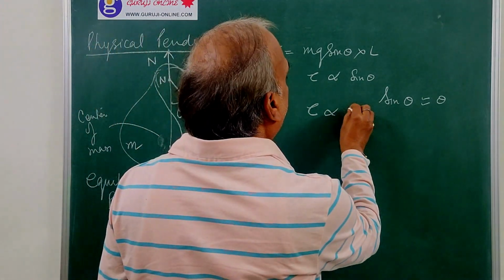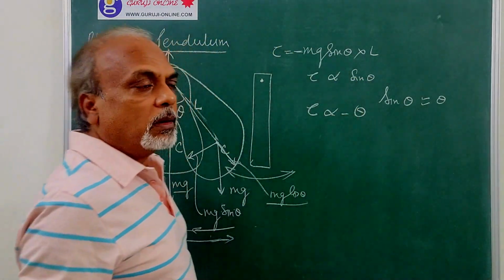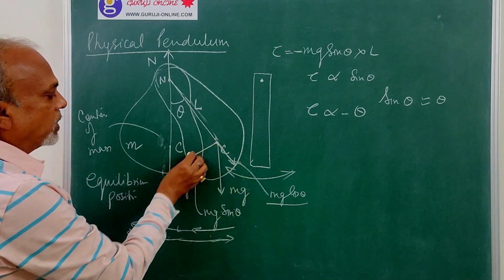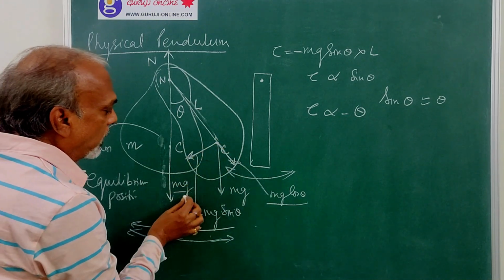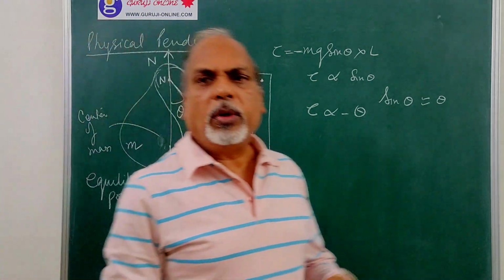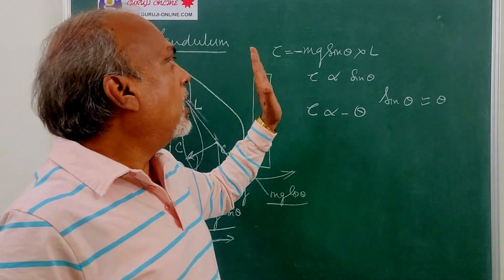Of course, this is minus theta because it is the restoring torque. Mind it, torque is acting like this, whereas the motion is like this. So the torque is in the opposite direction. Basically, this is called restoring torque.